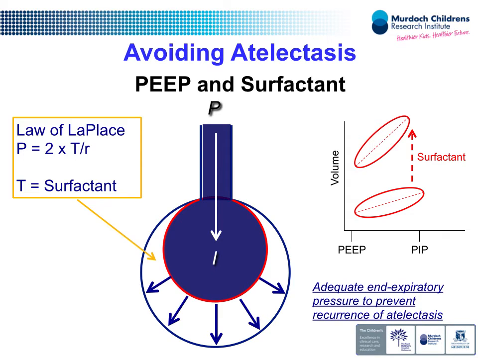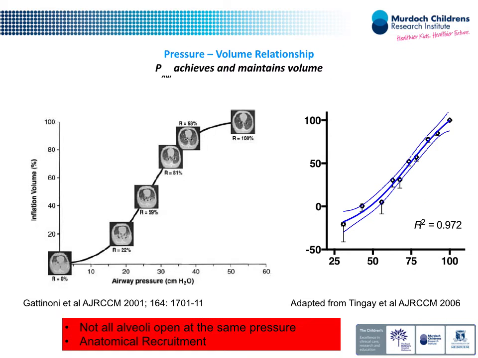And again, we know that PEEP and surfactant avoid atelectasis. We need to apply enough pressure to allow the lung to recruit and not collapse during expiration. If we take a lung and apply a series of different PEEPs, we can see this concept of recruitment that occurs. This recruitment is not uniform because of the heterogeneity of the diseased lung: different alveoli having different degrees of disease, different mechanics in different parts of the lung, and the gravitational effect of lung disease.